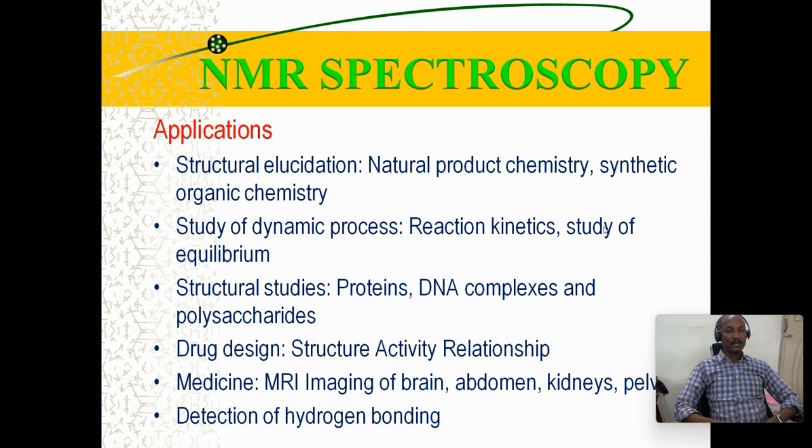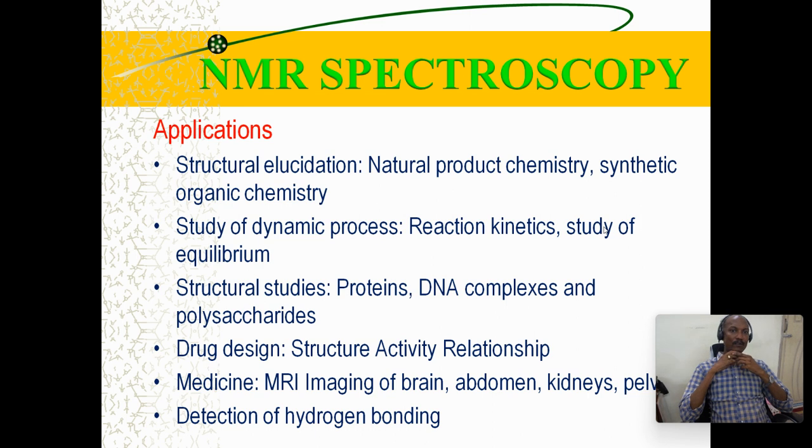In natural product chemistry or synthetic chemistry, we have to elucidate the structure, and the structure can be elucidated by using NMR spectroscopy.